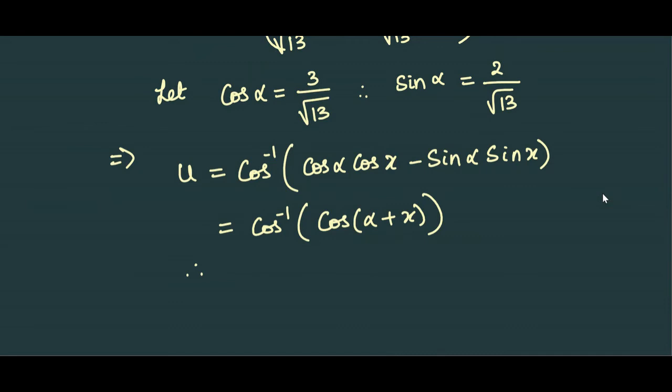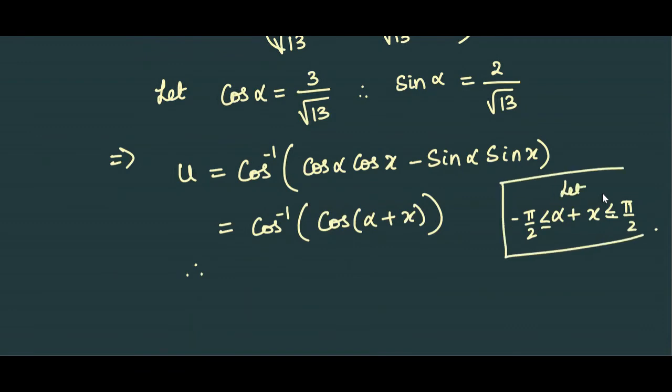That means alpha plus x lies between minus pi by 2 and pi by 2. Assuming this, you will get u as alpha plus x.